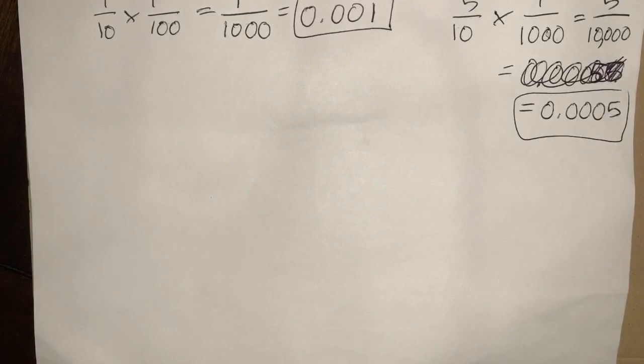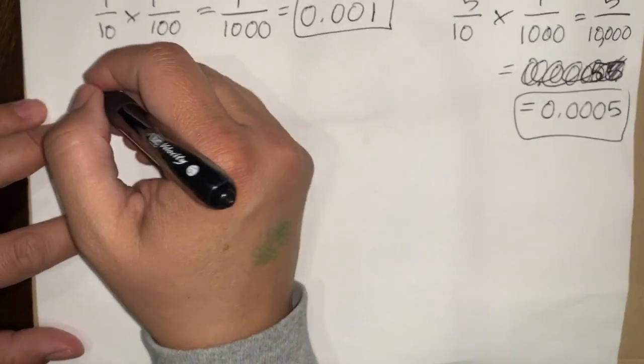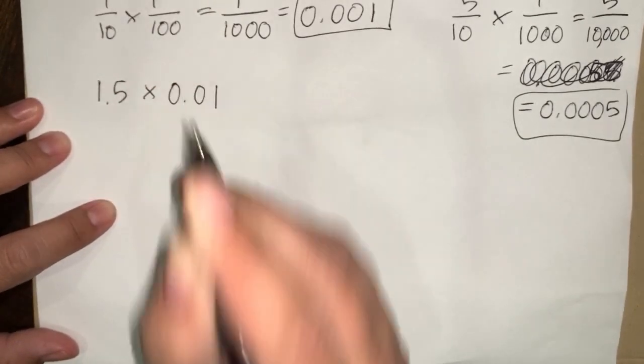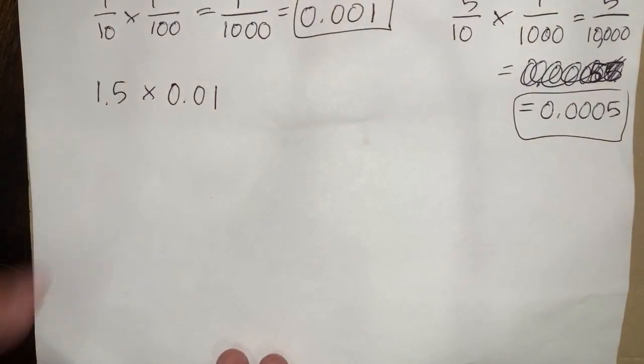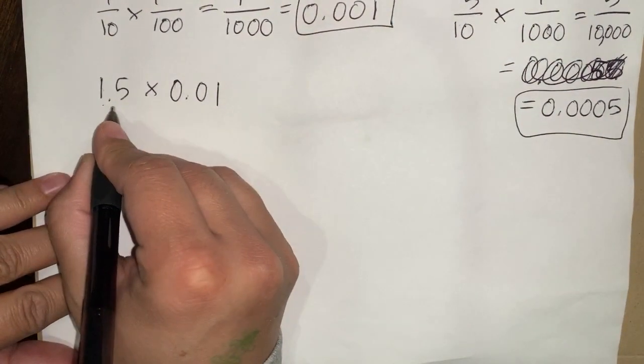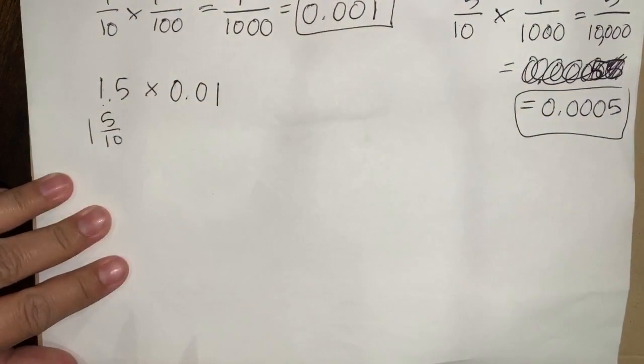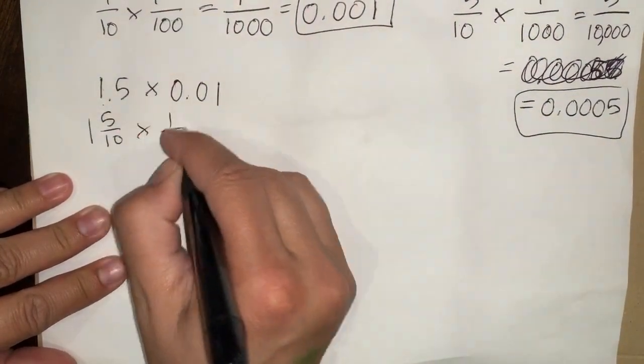And then if we go ahead and try something greater than 1, 1.5 times 0.01, how are we going to do this? Well, we can go ahead and write it out. So you've got 1 and 5/10, 1 and 5/10 times 1/100th.